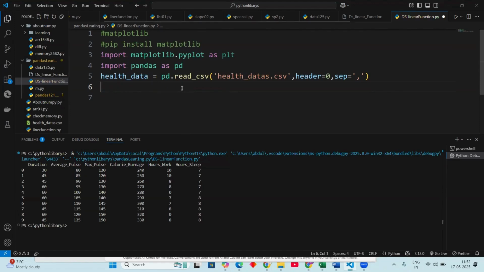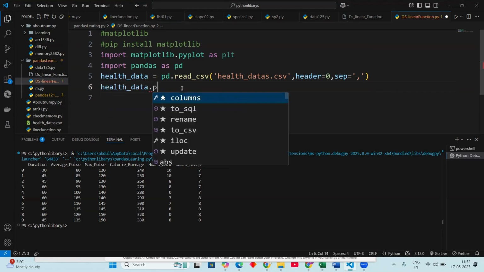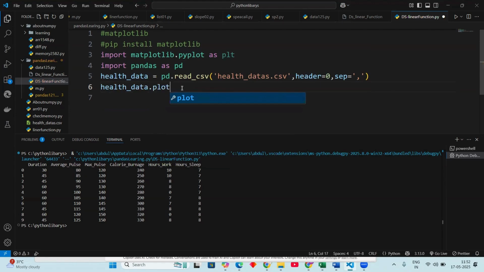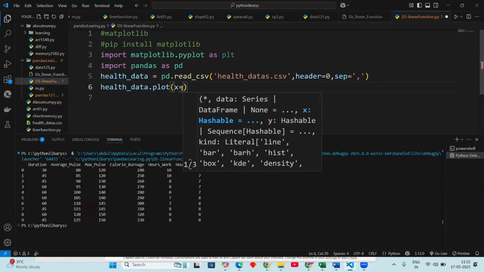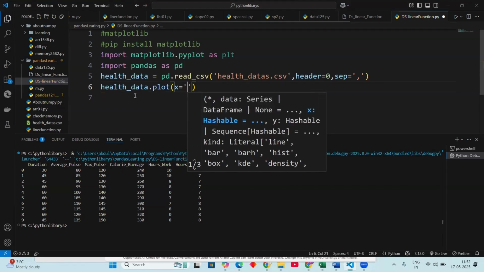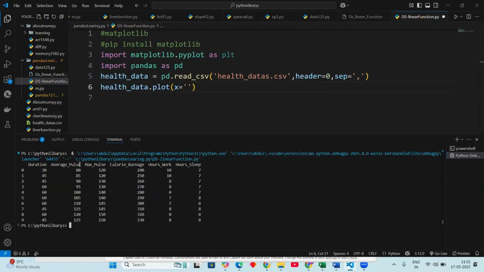Now take the health data, and plot is nothing but assigning the values for the x and y axis. So here my x axis is x equal to my average pulse, right?